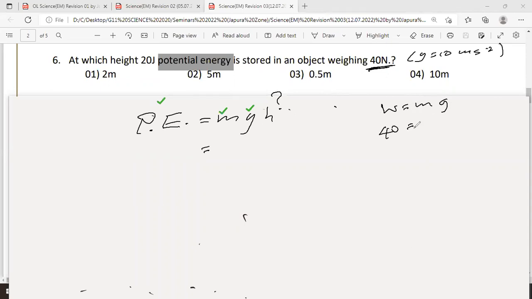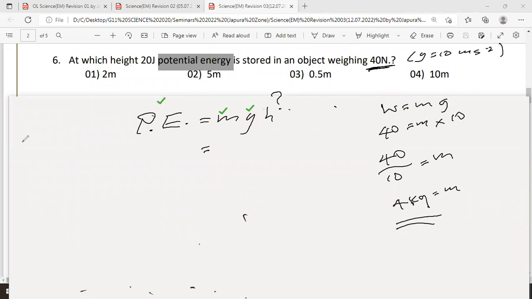40 Newton, mass we don't know. g is 10. So 40 divided by 10, you get how many kilograms? 4 kilogram. So you have to convert weight into mass by dividing by 10. This is valid on the earth, not on the moon or some other planet, since gravitational acceleration is approximately 10 on the earth.